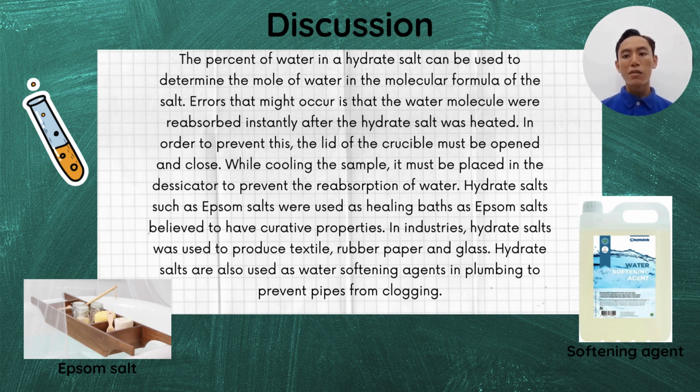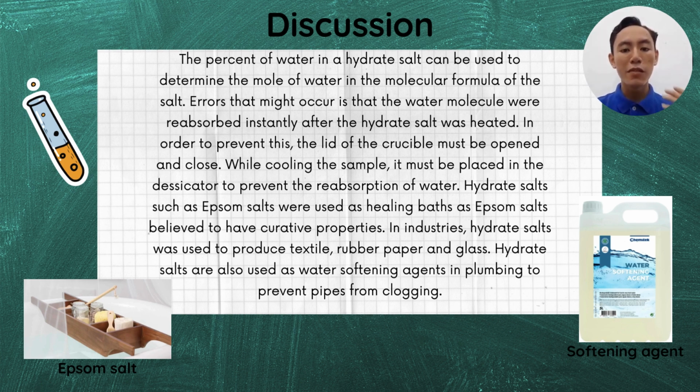One error is that the water molecules will be reabsorbed instantly after the hydrate salt is heated. In order to prevent this, the lid of the crucible must be opened and closed. And also, while cooling, the sample must be placed in the desiccator to prevent the reabsorption of water.